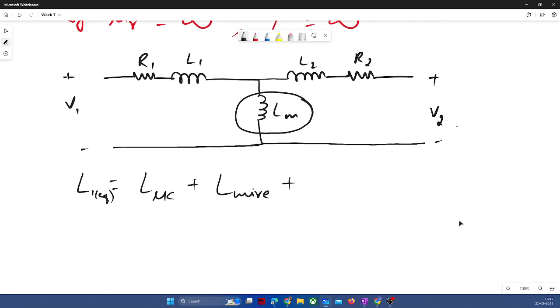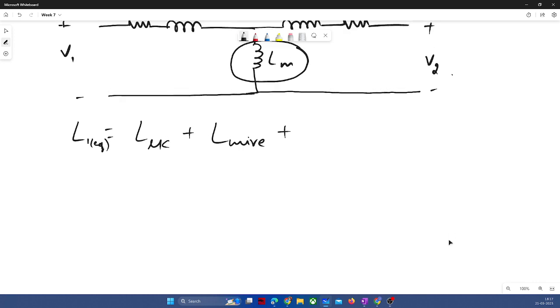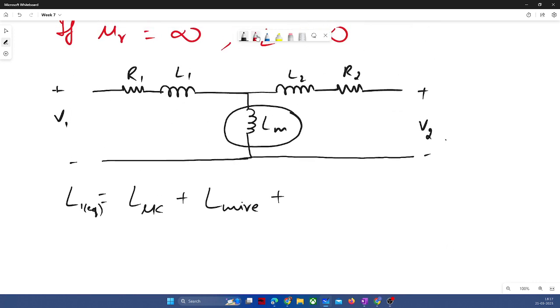So, coming back to the question: why Lm? Once you apply a certain power supply, you will draw a certain current. If the same current went to the output side, you would not need to establish the flux in the core.